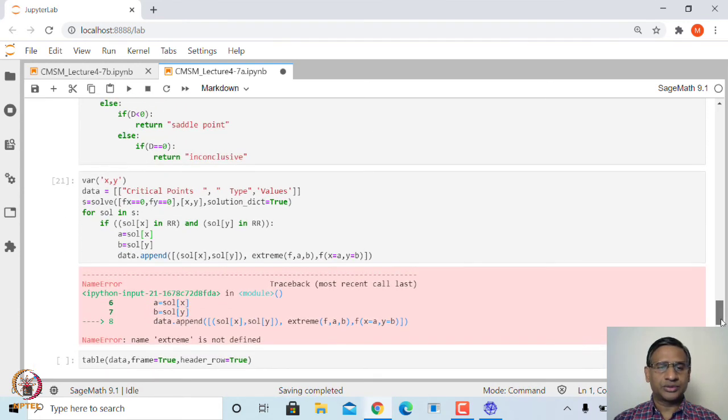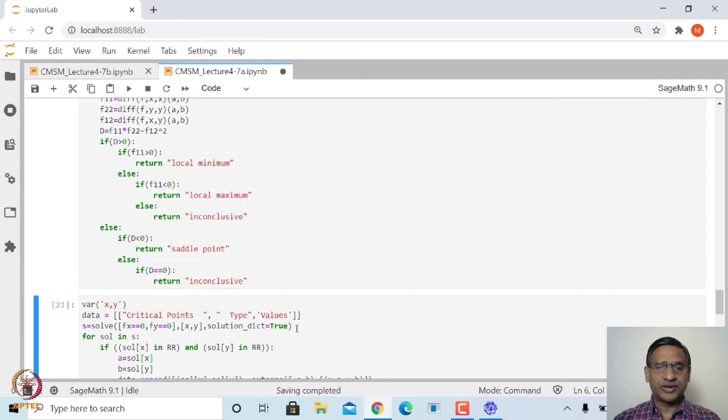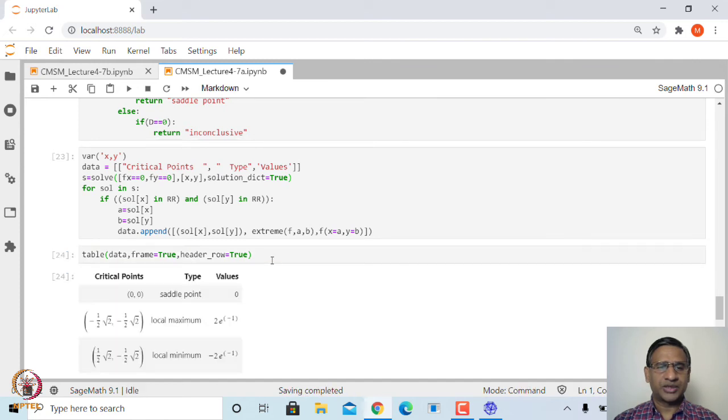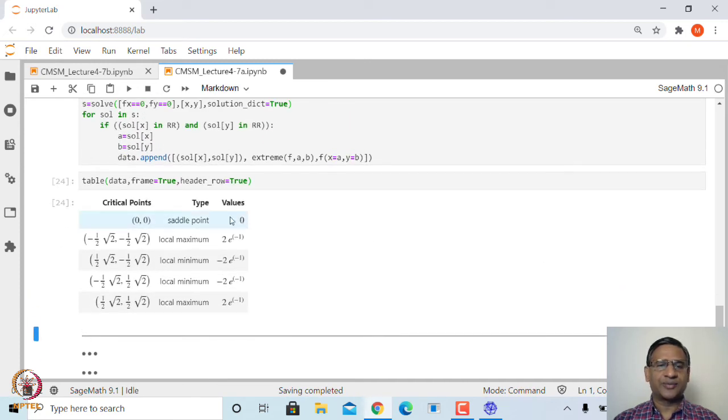I think I did not run this user defined function. Now, let me run it and see what the table is. So that is the table of classification of critical points. 0 0 is a saddle point, its function value is 0; this is a local maximum, the function value is this; this is a local minimum, the function value is this, and so on.